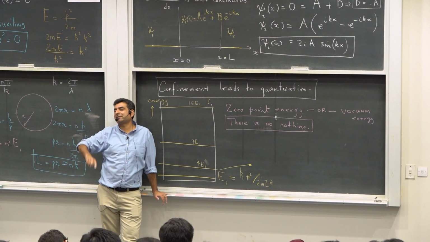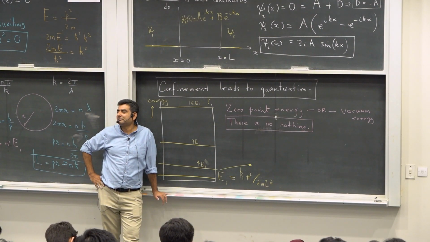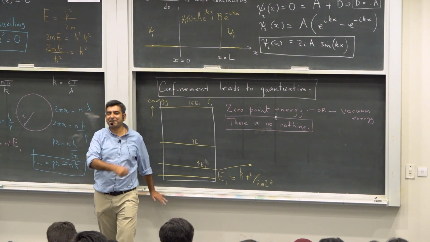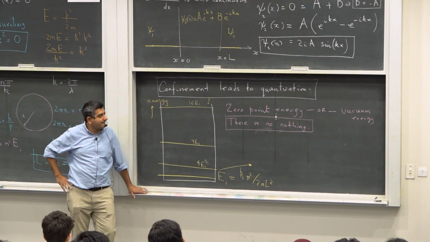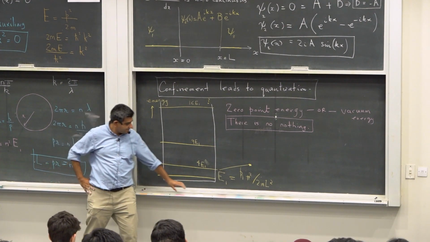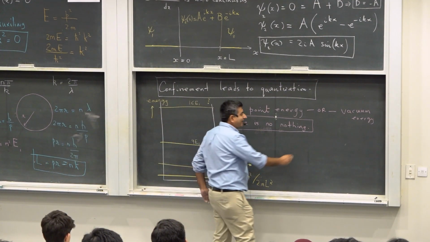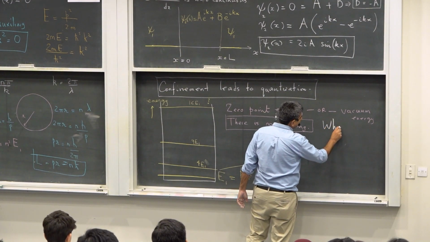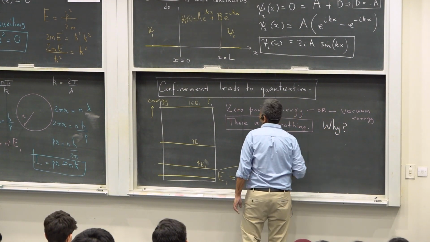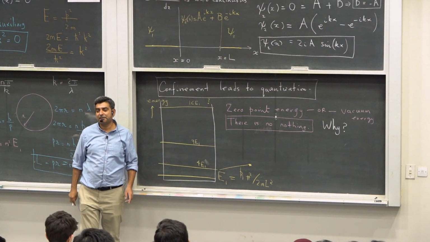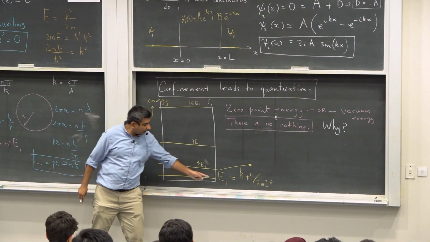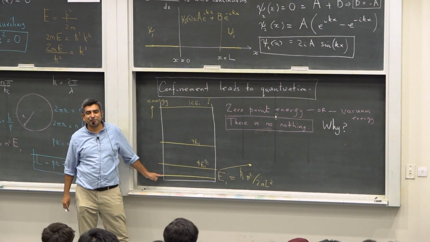Why? It's because of the uncertainty principle. How is this related to the uncertainty principle? Good question. Why? Because of the uncertainty principle, I would say. You see, let's look at the ground state.